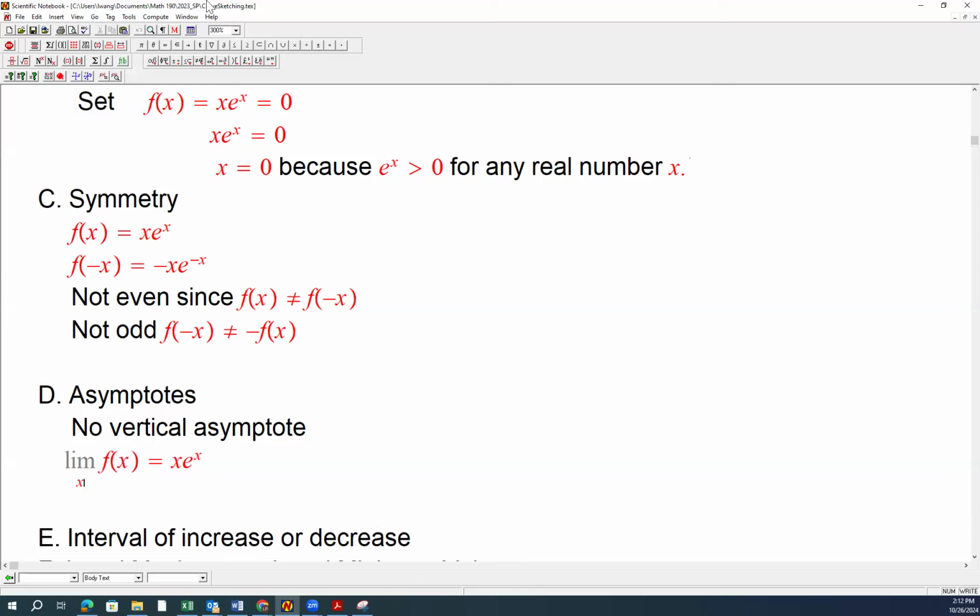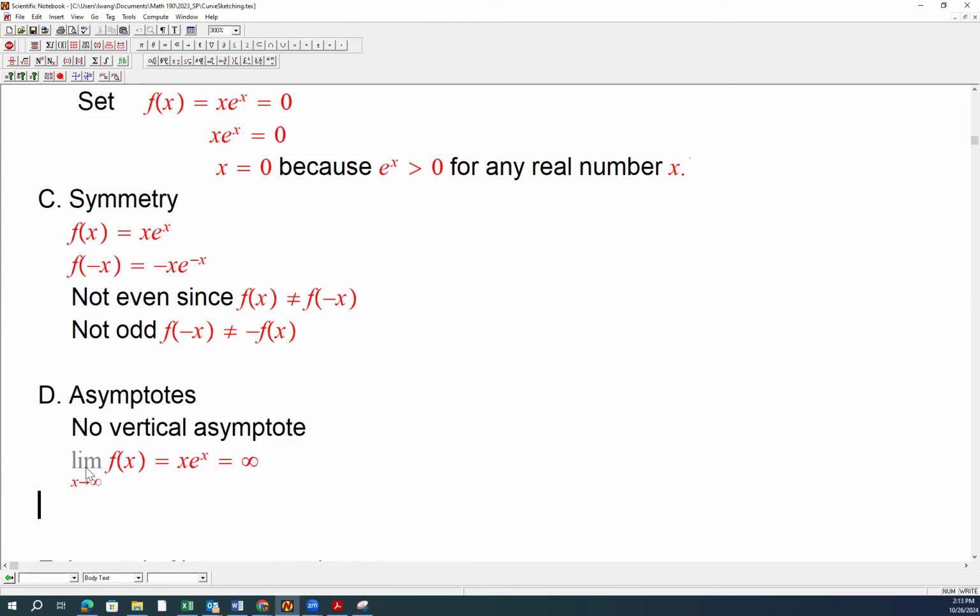When x is approaching positive infinity, this is approaching infinity, so this whole thing approaches positive infinity. It doesn't approach a constant number, so it doesn't have a horizontal asymptote in that direction.